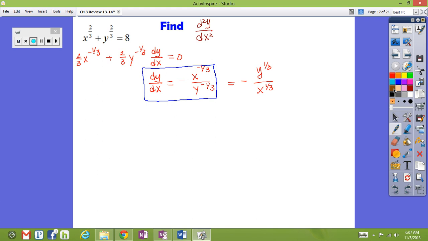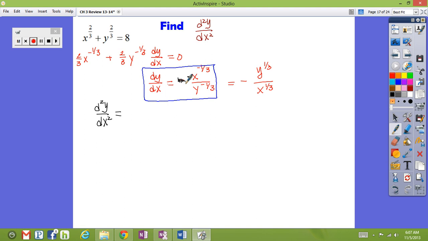So, to find the second derivative, you take the first derivative's derivative. So, that's a quotient rule. I'm going to give the negative to the top of the fraction so that I don't forget about it. That's usually the best way to avoid forgetting the negative.